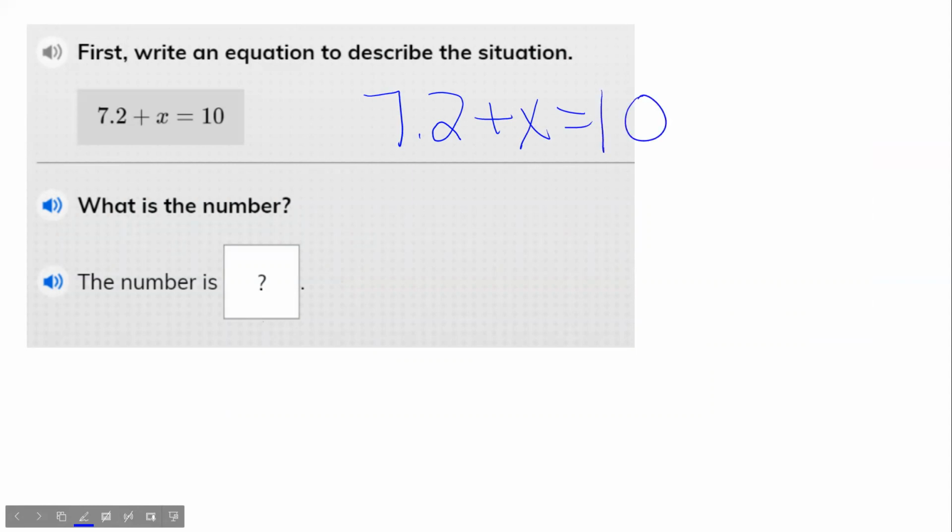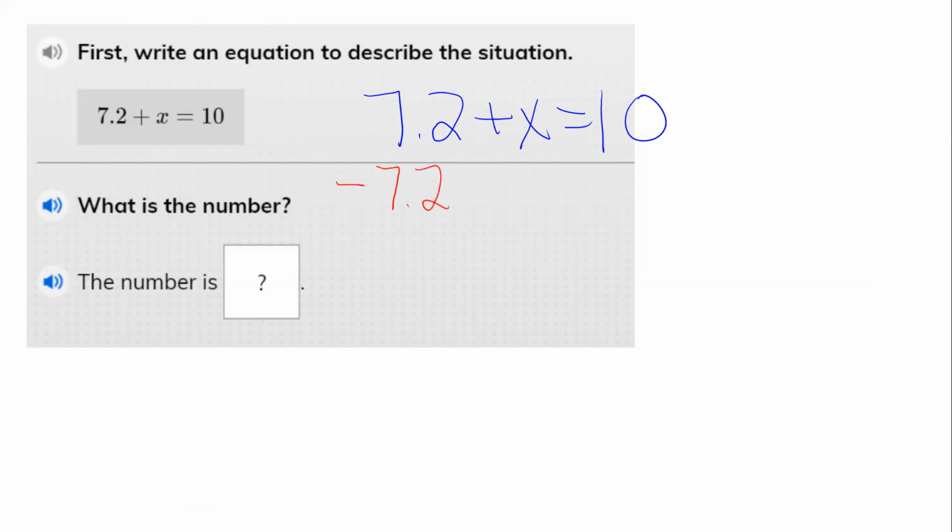So what's the opposite of adding 7.2? How do we undo a positive 7.2? Remember, we want to use opposite values because opposite values make 0, right? So the opposite of positive 7.2 is negative 7.2.